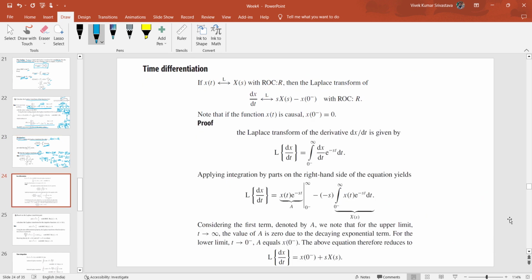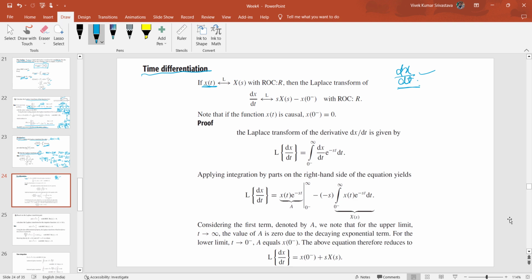So now the next property is time differentiation. Here if a signal x of t is given to us, and we have to evaluate the Laplace transform of the signal d x by dt, we will use this property that is known as time differentiation.